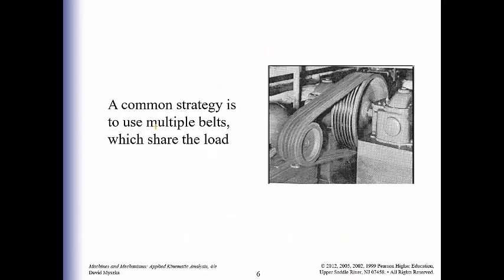A common strategy is to use multiple belts. As you can see in this picture here, you see multiple belts side by side, and that's going to prevent slipping from happening, and also shares the load. Sharing the load is going to be useful, so you don't wear out your belts as frequently.